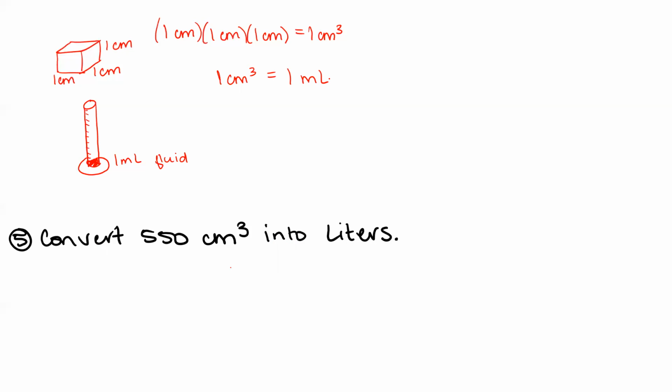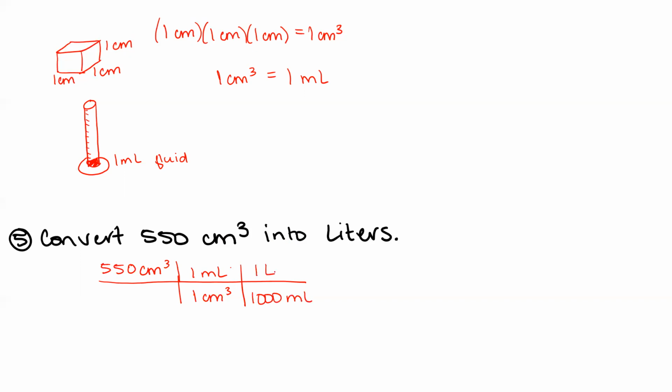So with this next problem, we'll start again with our given measurement of 550 centimeters cubed. And we know that we want to get into liters. So knowing this equivalency above, this conversion factor, we're going to say that 1 centimeter cubed is equal to 1 milliliter. And then we know that there are 1,000 milliliters in 1 liter.